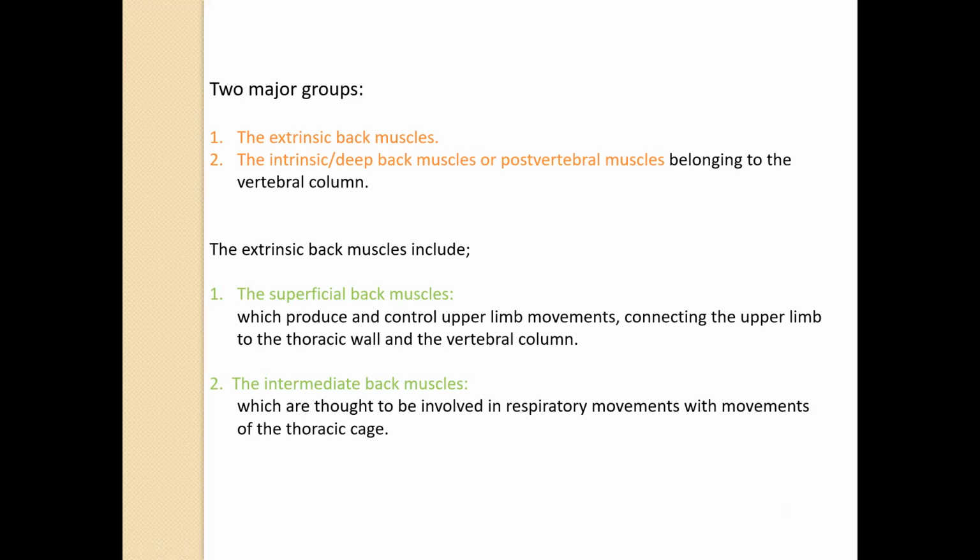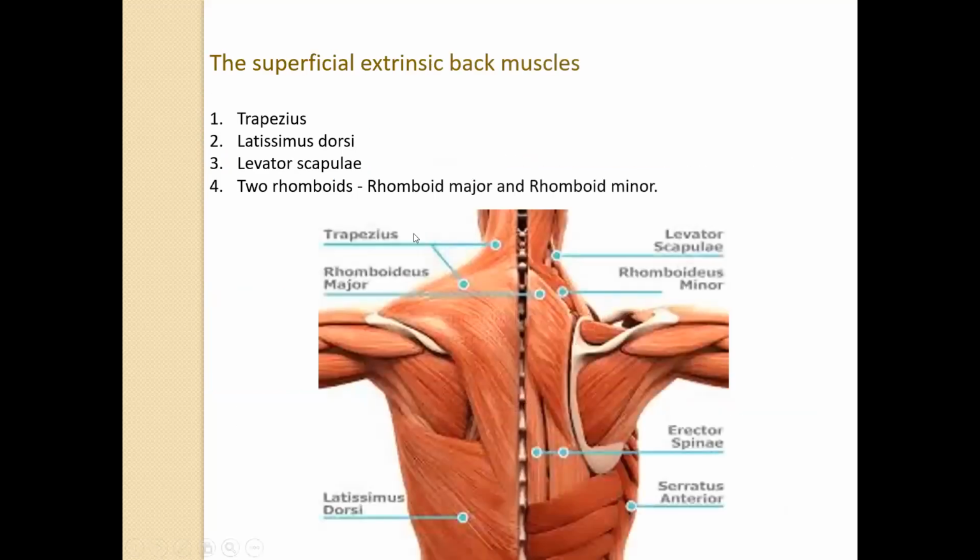Because of them, the upper limbs are connected to the axial body. And the intermediate back muscles are the ones which are thought to be involved in the respiratory movements. So they are located in the thoracic cage and involved in the respiratory movements.